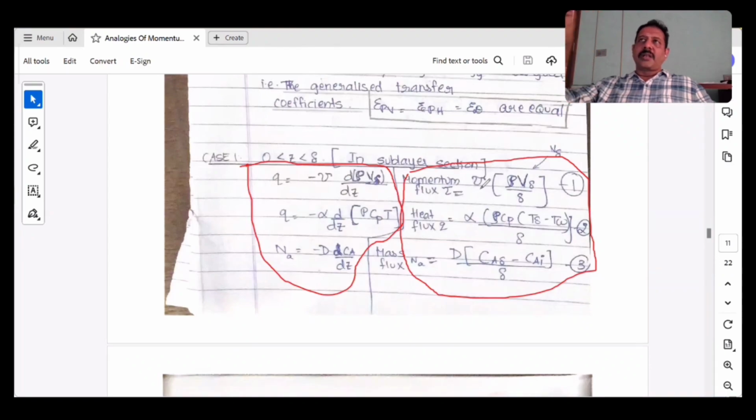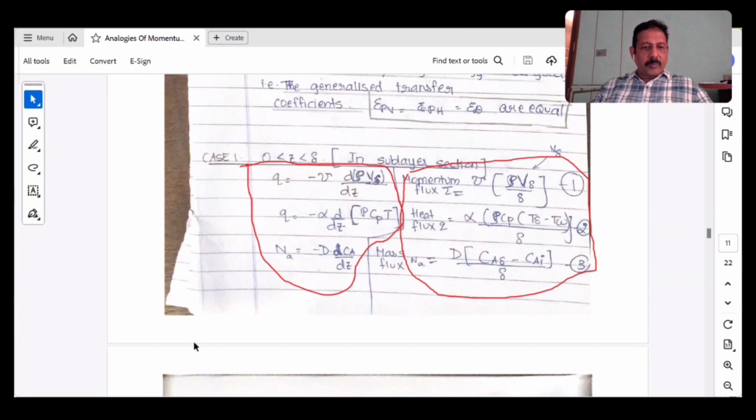Heat concentration at the boundary minus heat concentration at the wall: heat concentration at the boundary is rho Cp T delta, and at the wall is rho Cp Tw, divided by delta. The concentration of the species at the boundary is CA delta, and at the wall is CAi, so D into CA delta. Remember equations 1, 2, 3, and I will be using them.